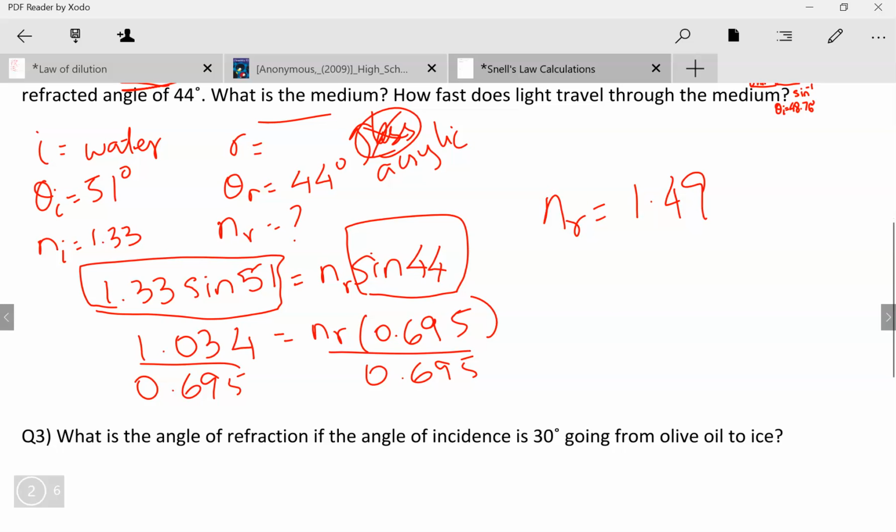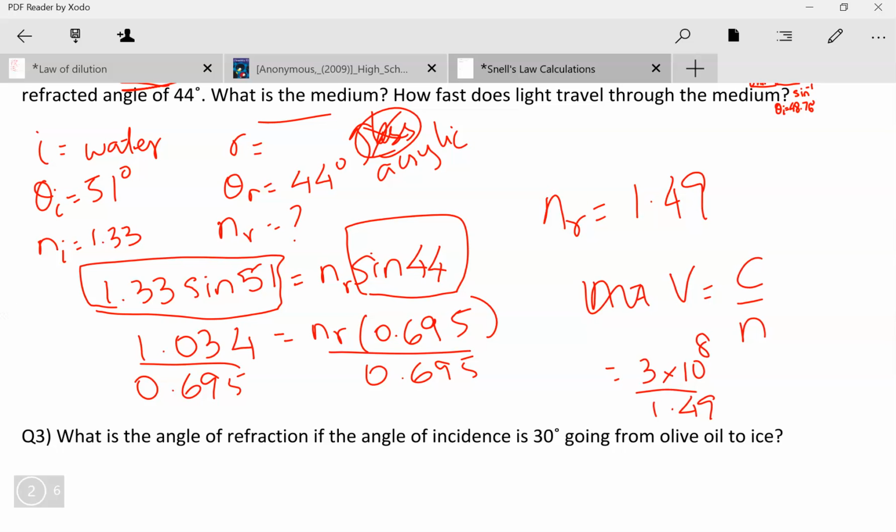You have to do n equals, you want to find velocity, so that is c divided by n, which is 3 times 10 to the power of 8 divided by 1.49, which is equal to 2.02 times 10 to the power of 8 meters per second.